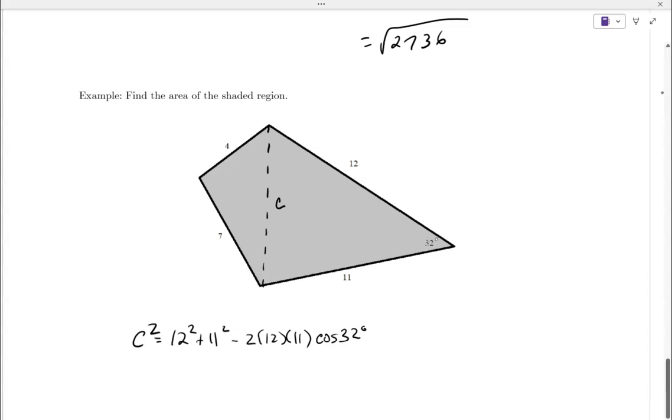So remember, it's a squared plus b squared minus 2ab cosine of gamma in this case, as we're doing C. This one I would plop in your calculator to get an approximation.